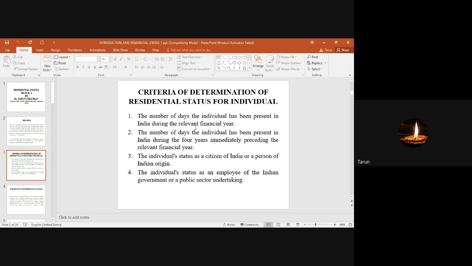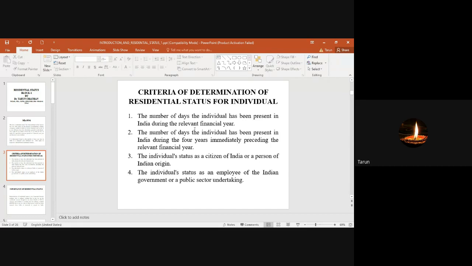That is the meaning of the second point. You have to estimate the number of days during the 4 years preceding the financial year. Let's say the year is 2022 to 23, then the preceding 4 years begin from 2018 to 19 till 2021 to 22.